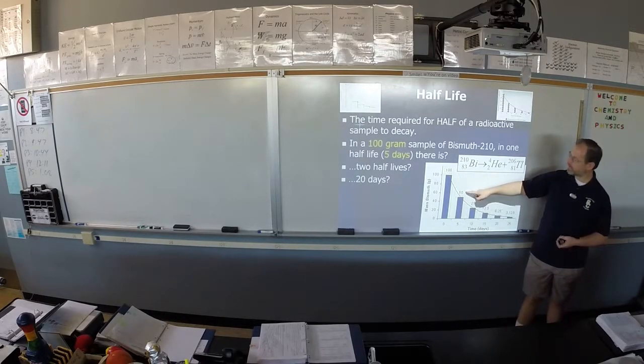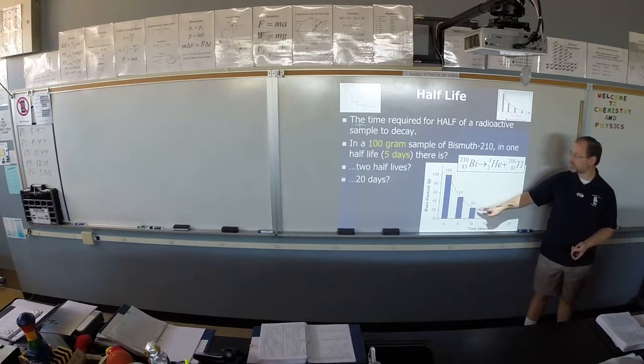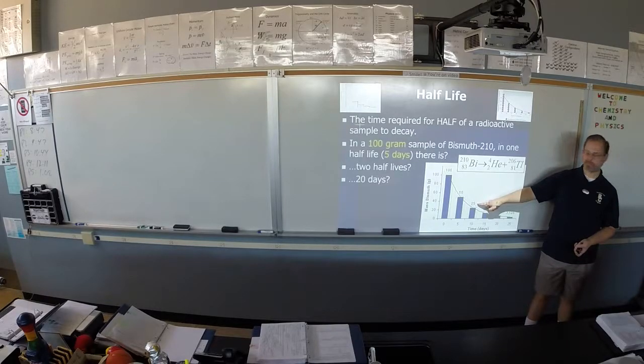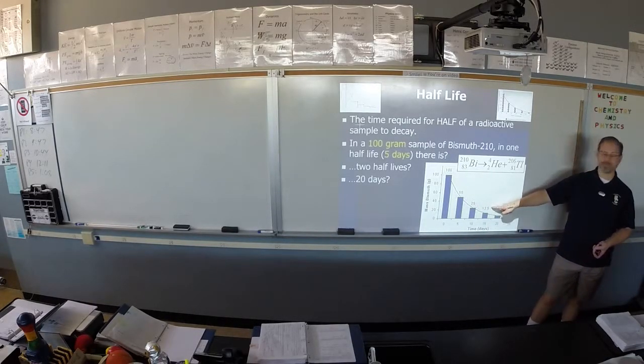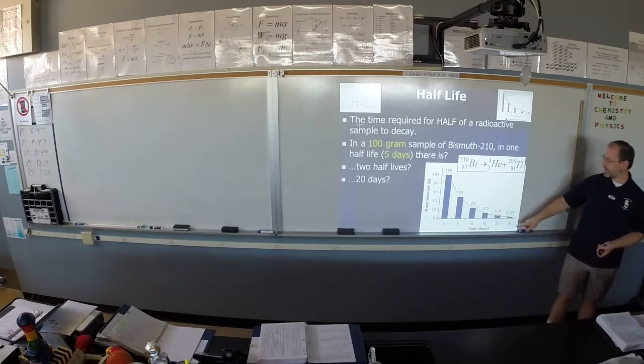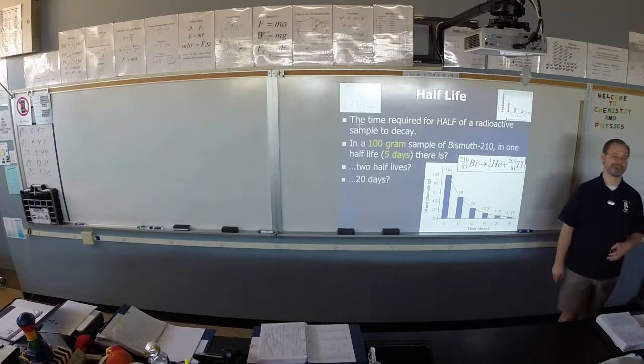At 1 half-life, you're going to have 50%, which is 5 days. At 10 days, which is 2 half-lives, you'll have 25%. At 3 half-lives, which is 15 days, you'll have 12.5%. And at 4 half-lives, 20 days, you'll have 6.25%. 25 days is 5 half-lives, about 3%.